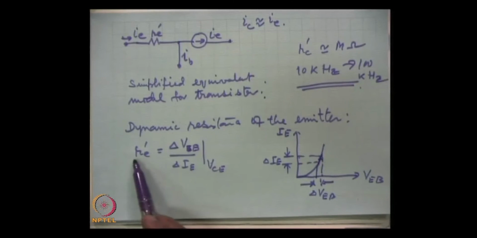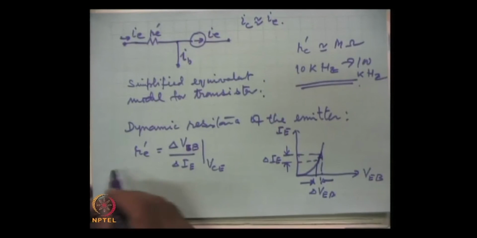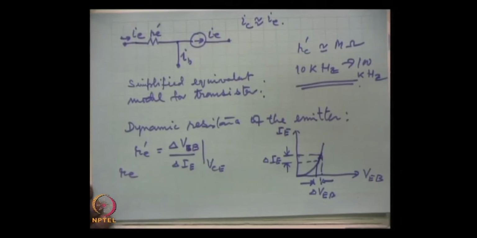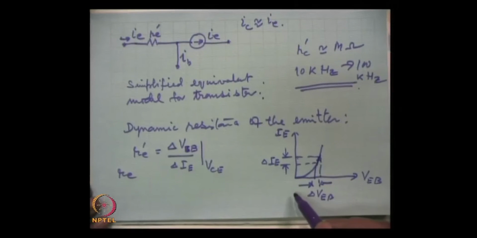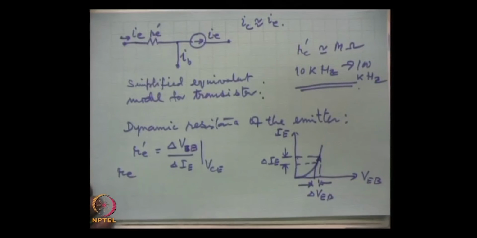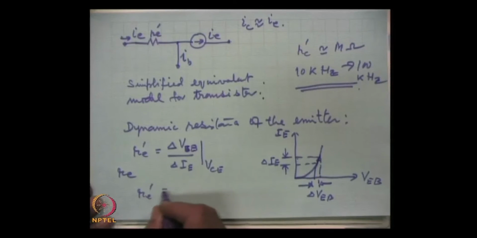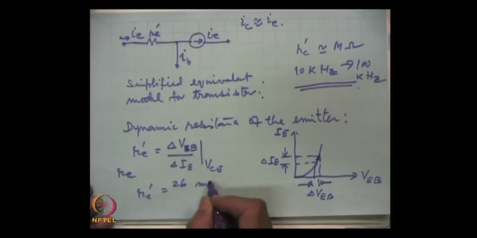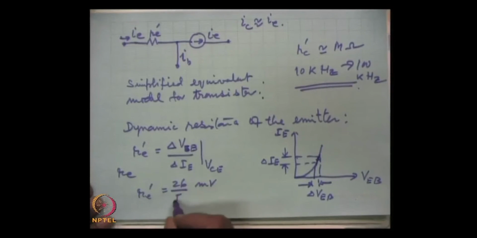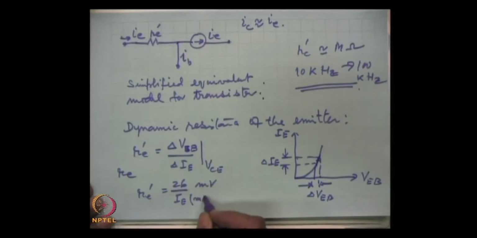It is written either as R E prime or many times just as R E. Instead of determining it experimentally, we can find it by a simple equation. It can be shown that R E prime is equal to 26 millivolts divided by I E, the DC emitter current, when I E is in milliamperes.